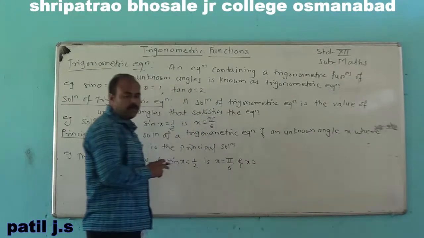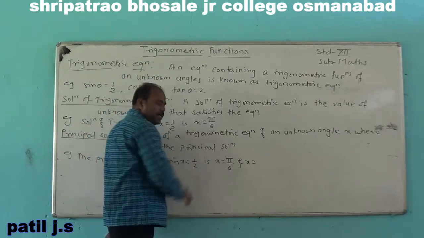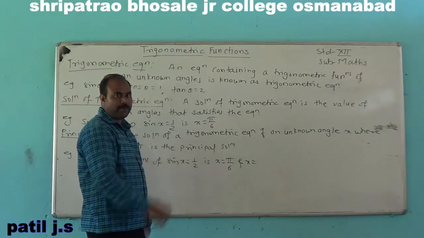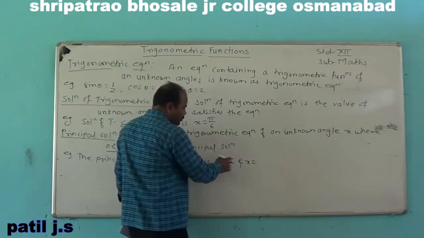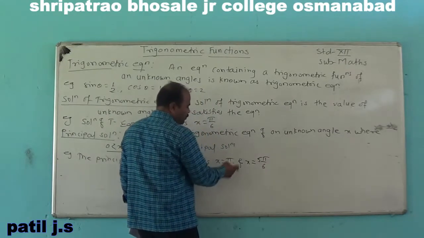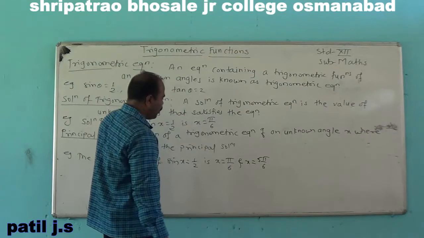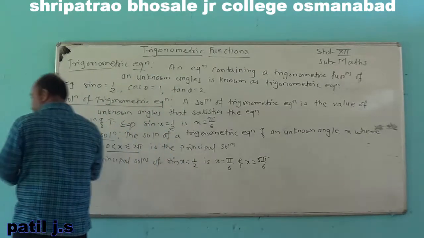Sin theta is positive in the first and second quadrant. This angle is in the first quadrant. Second quadrant means pi minus theta, that means pi minus pi by 6. These are the principal solutions.